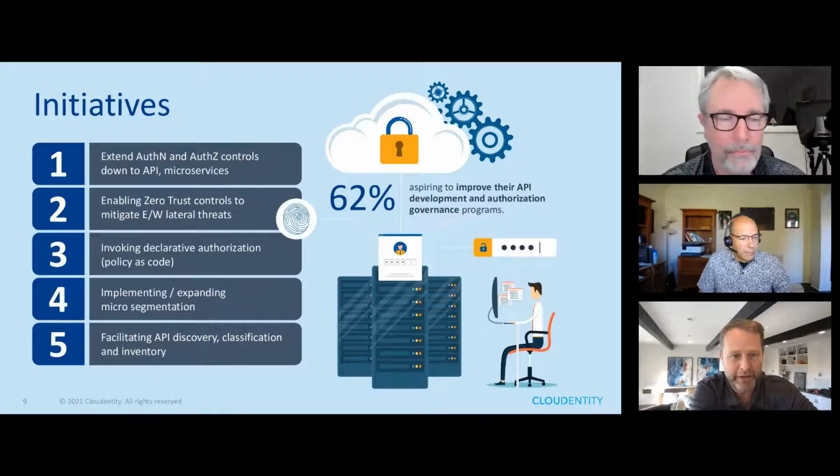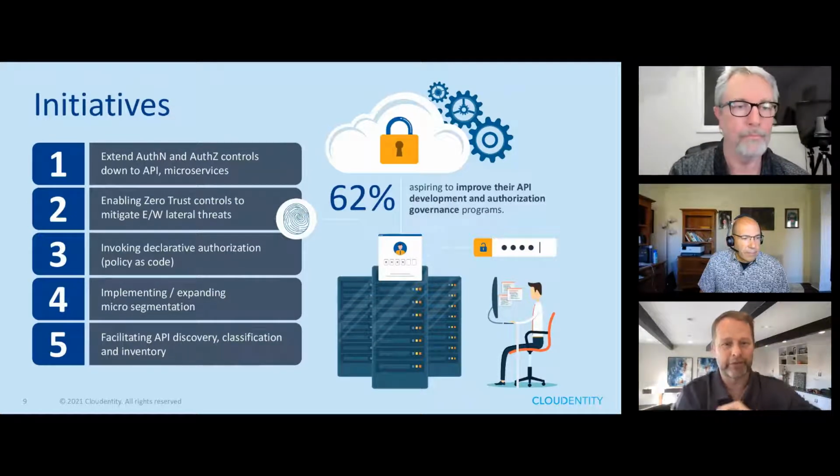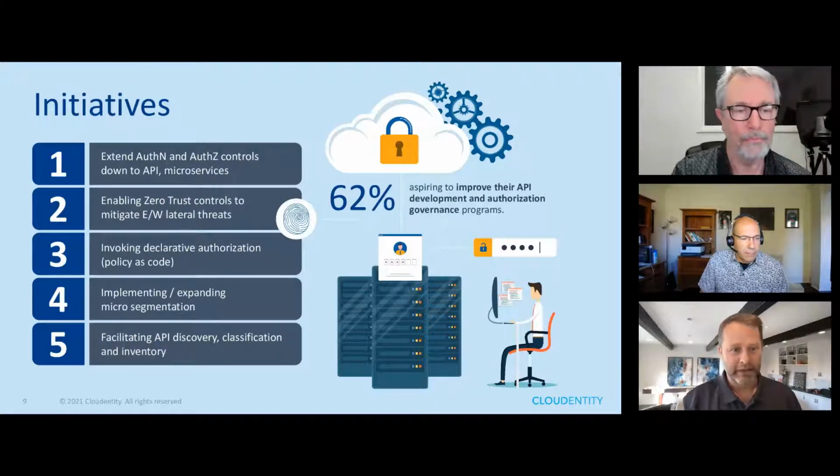The extending authN and authZ controls distributed to an API and microservices. I would say that I have some direct practitioner experience with this and building services for a couple of my previous companies. And I think that 1 and 2 go very closely hand in hand. As you start to build out microservices, you realize that all of a sudden you started with a couple of services and everything is cross-talking.